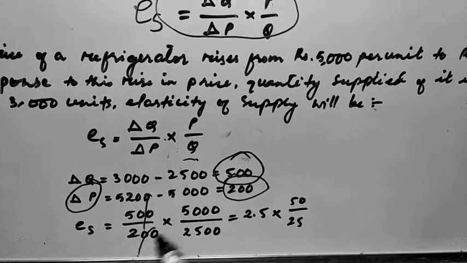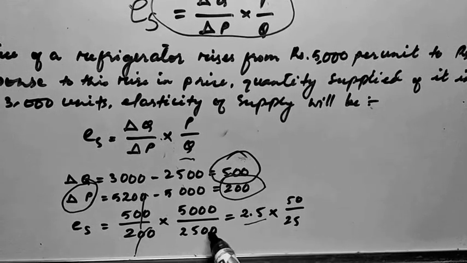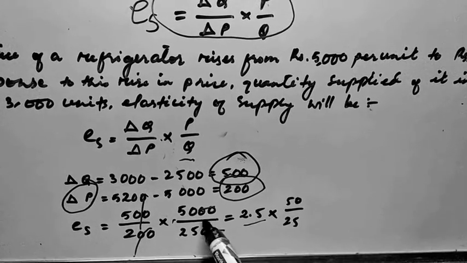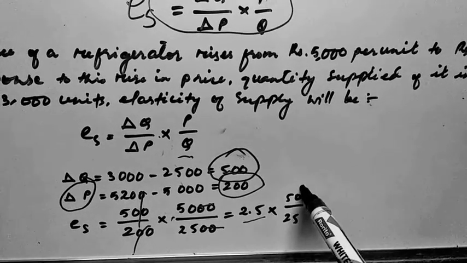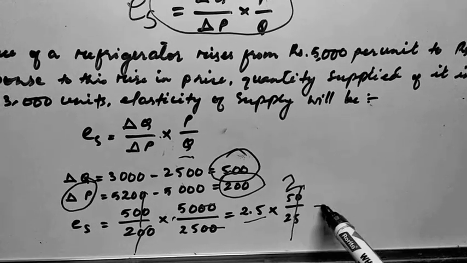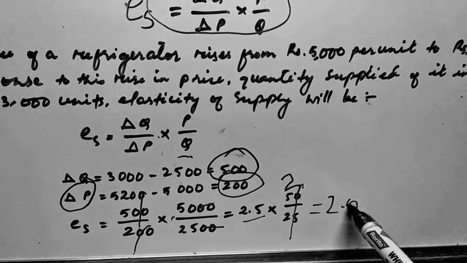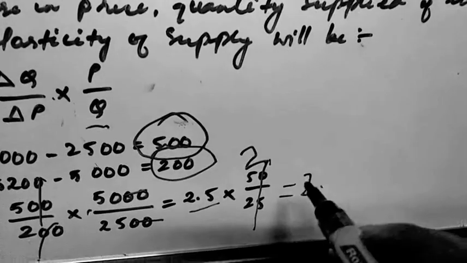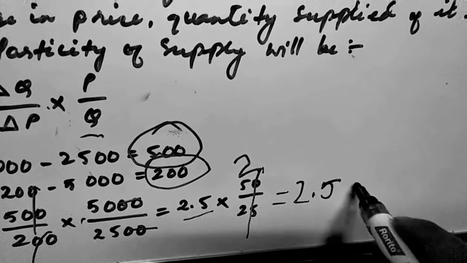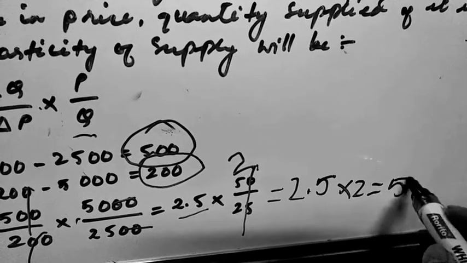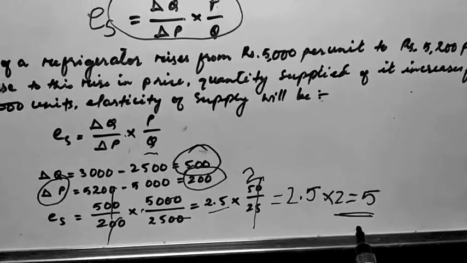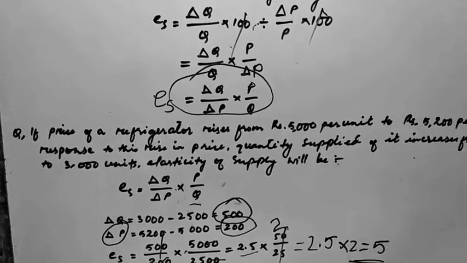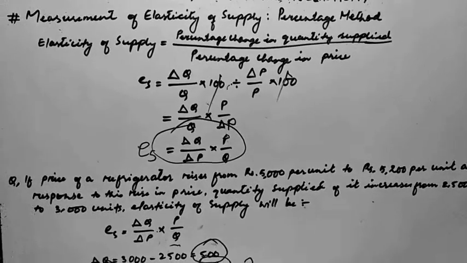When we divide 500 by 200, we get 2.5, and then cutting the zeros, 50 by 25 gives 2. So 2.5 into 2 equals 5. So 5 is the elasticity of supply. That is how we calculate the elasticity of supply through the percentage method.